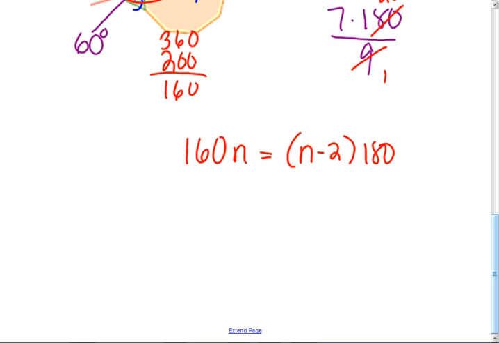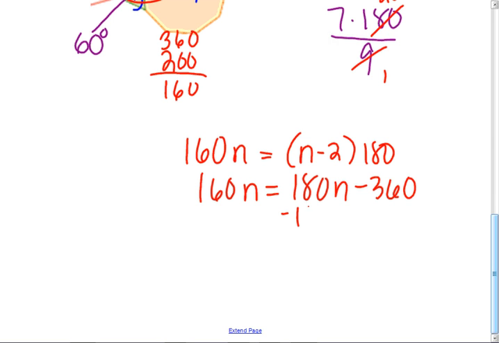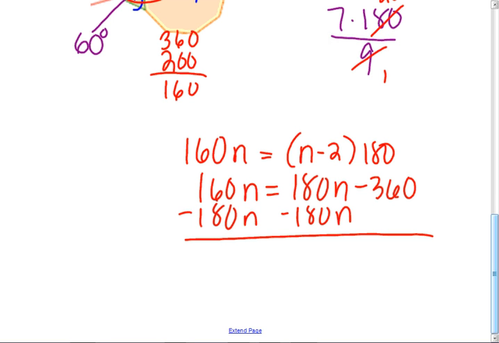And if you solve that, you should come up with 18. So we do it. 160n equals 180n minus 360, and I'll subtract 180n. And there's a second way to do it, which is much easier. Negative 20n equals negative 360. So what's n equal to?